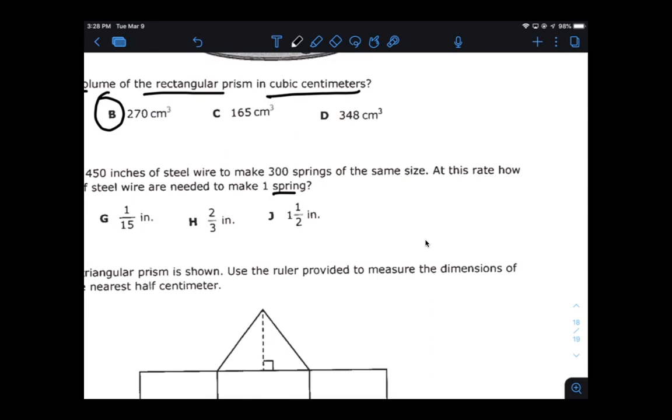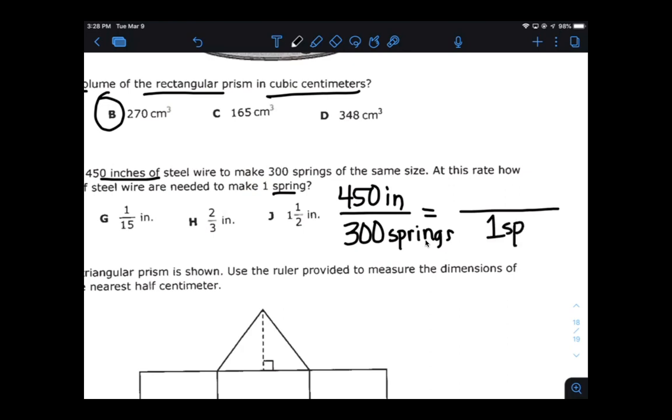It says that 450 inches of steel are needed to make 300 springs, right? And then it says, okay, how many inches will be needed to make only one spring, right? And so here, this is what I'm looking for.